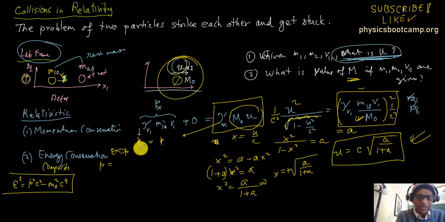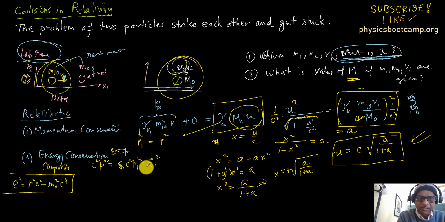Okay, so from here I would get P equals P1, and if I write P squared, it would be P1 squared. Multiplying by C squared, that will be C squared P1 squared, and I can replace this using energy for the first particle, this relativistic energy squared minus m10 squared C to the power 4, right?